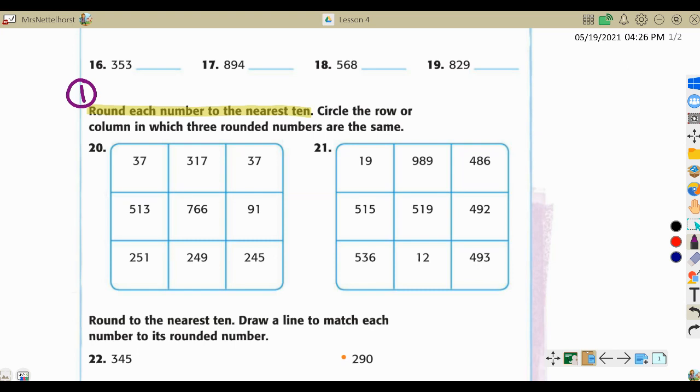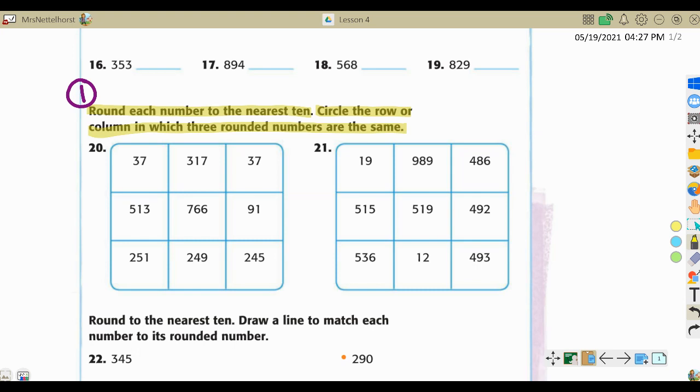Number 2, you're going to circle the row or column in which 3 rounded numbers are the same. So I haven't done any of these yet, but let's say you have 3 in a row, either going across or down, that I'll say 90. That's your tic-tac-toe. Okay, so you're looking for tic-tac-toe. Okay, that's step number 2.